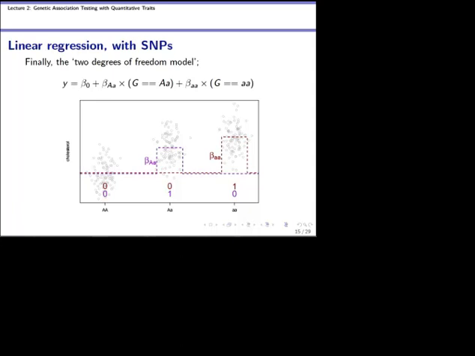Question? Can you do codominant models? Yes. So a codominant model is when you have more than two alleles. For example, in the ABO blood type, there's codominance.